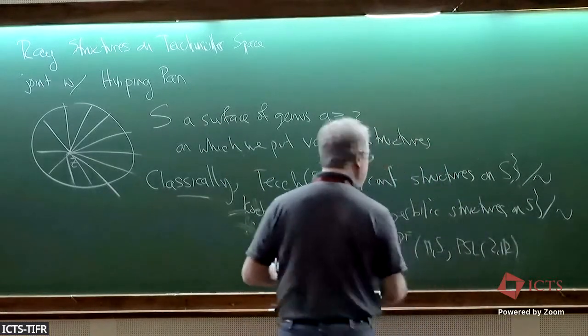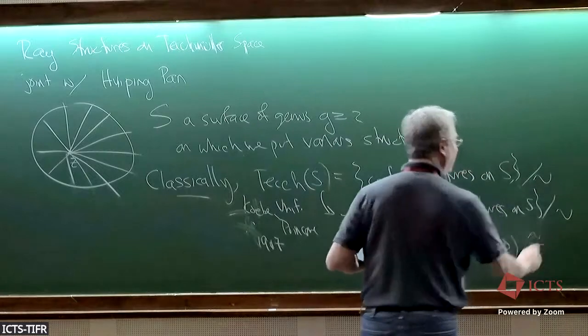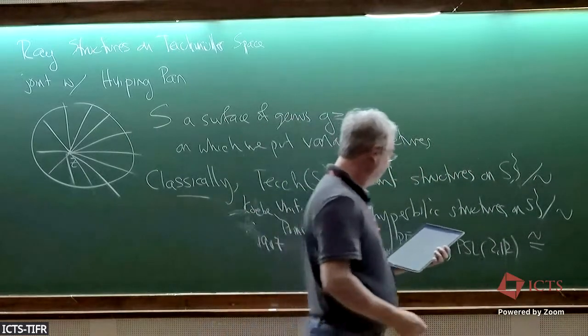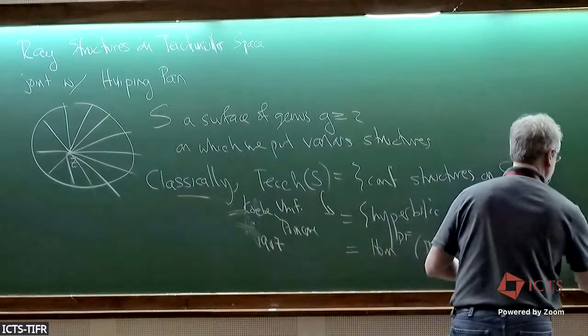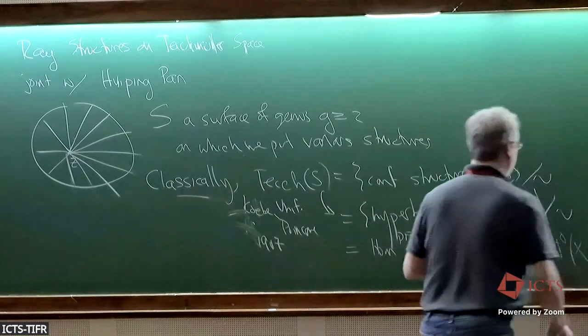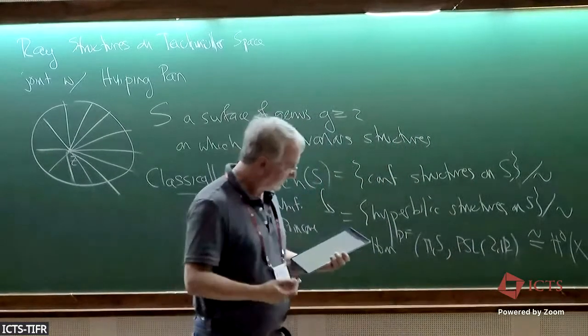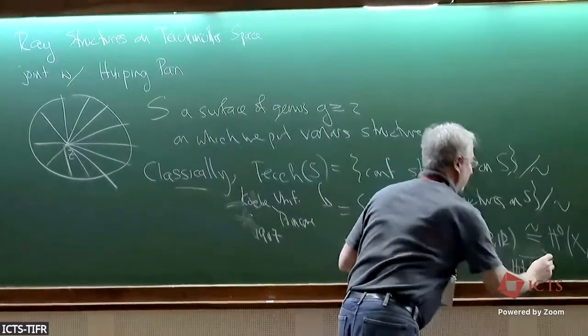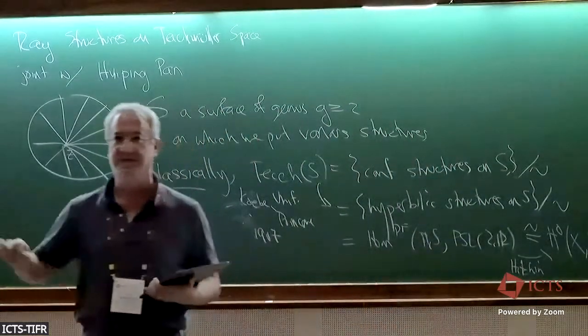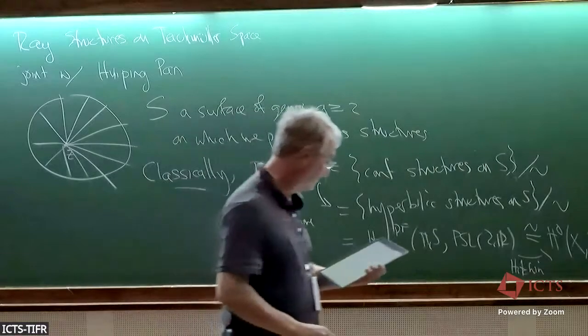And then these are related in the Hitchin theory to quadratic differentials, and I'll sort of use the Hitchin notation here. So this is the theory of Hitchin, and in some sense harmonic maps, and I had some involvement with this as well.